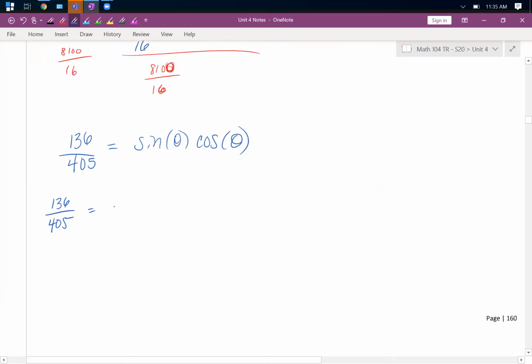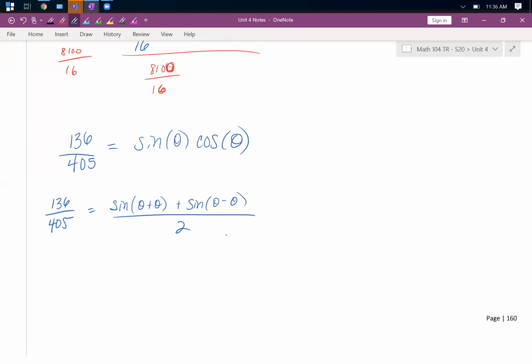So this is going to be, I think I'm going to put it all over 2. I'm not going to put the 1/2 out in front. All right, so this is going to be sine of theta plus theta, plus sine of theta minus theta, all over 2. I'm going to do 2 separate things here.